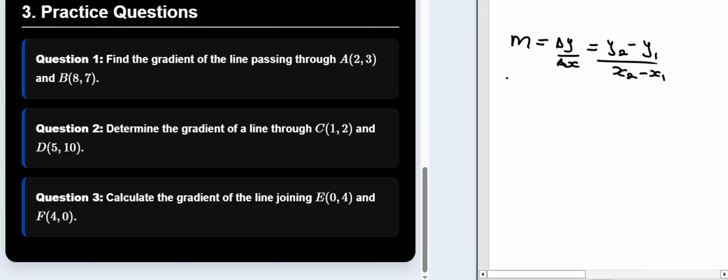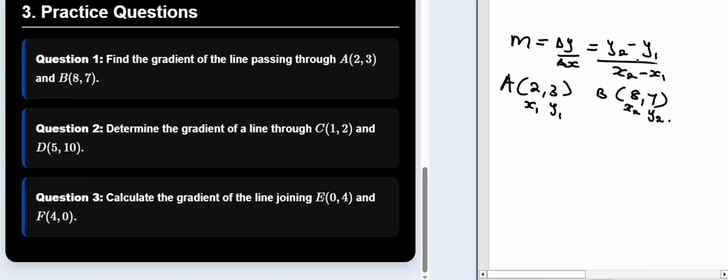So in our case, we have A, which is given by 2, 3, and then B, which is given by 8, 7. So our x1 is 2, our y1 is 3, our x2 is 8, and y2 is 7.